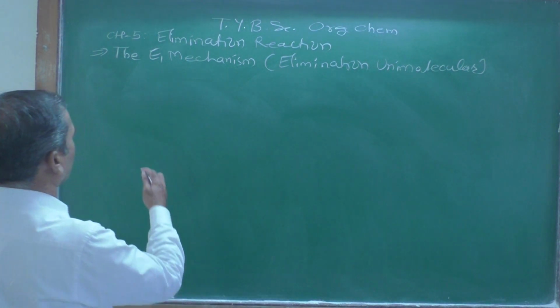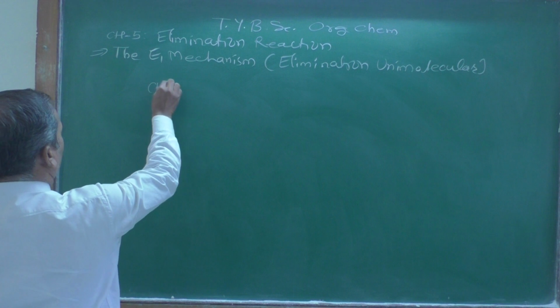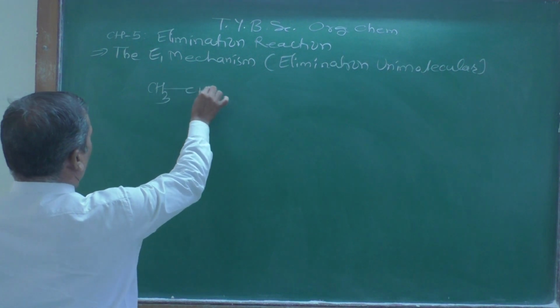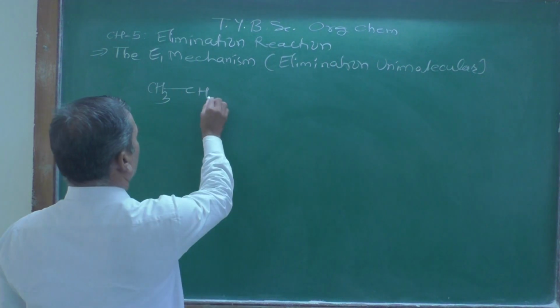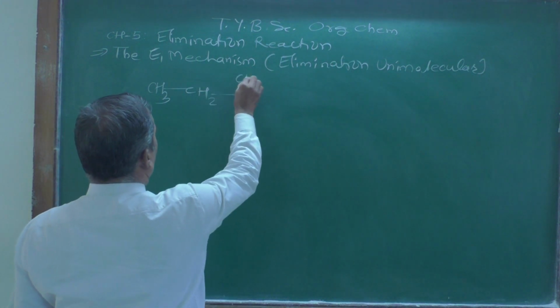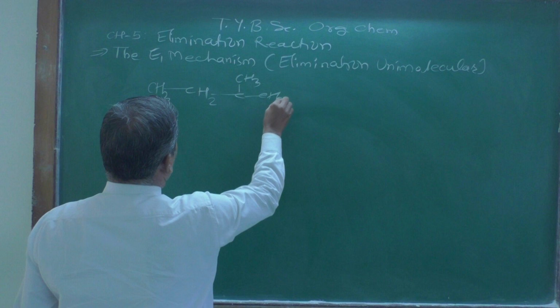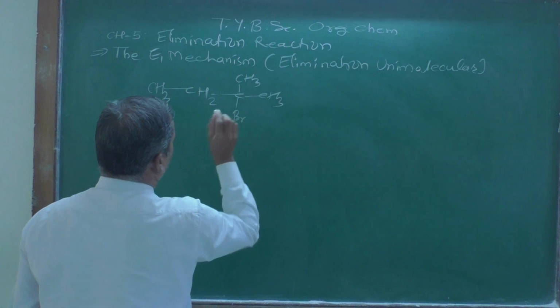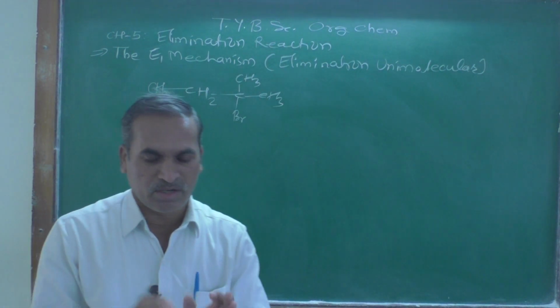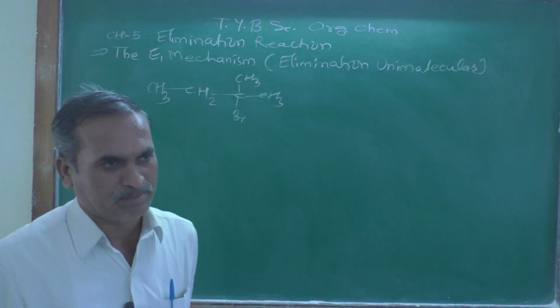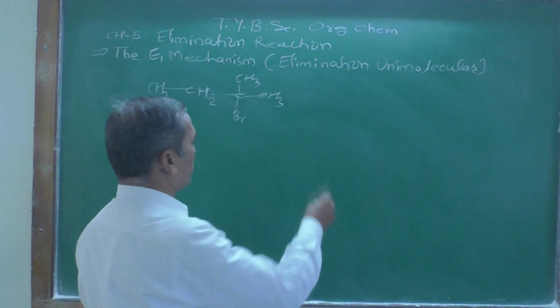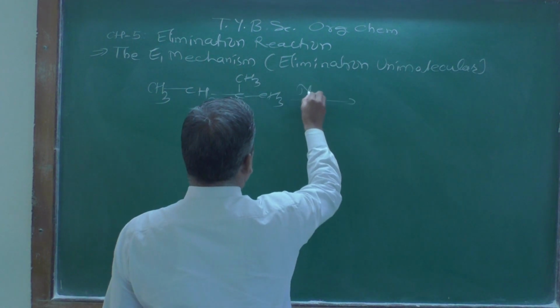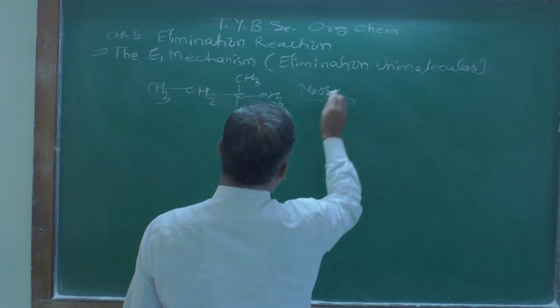Let us take the general example here, CH3, then CH2, then here CH3, and here is a Br. That is one of the general examples I am considering over here. Now this is treated with sodium ethoxide.